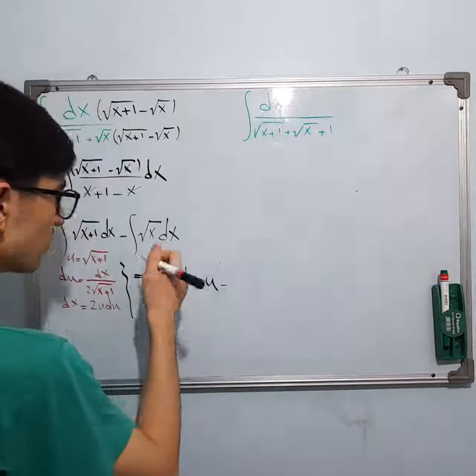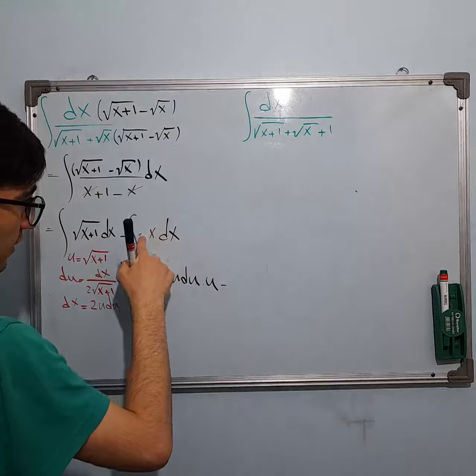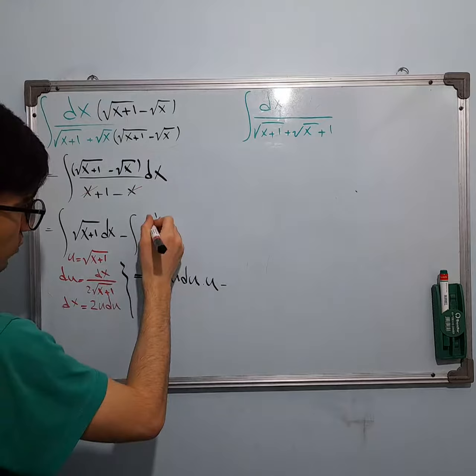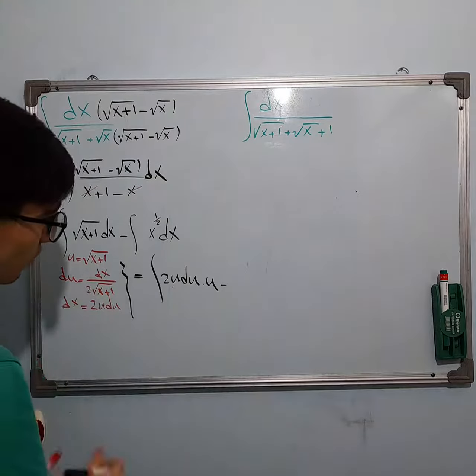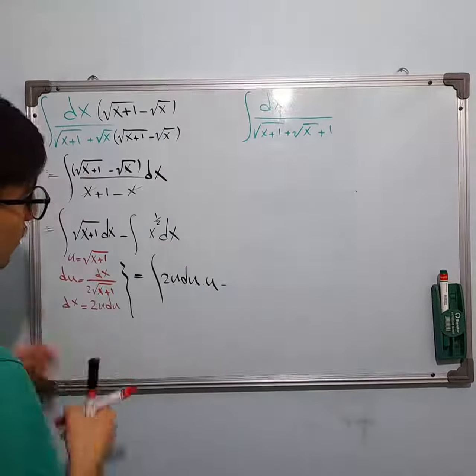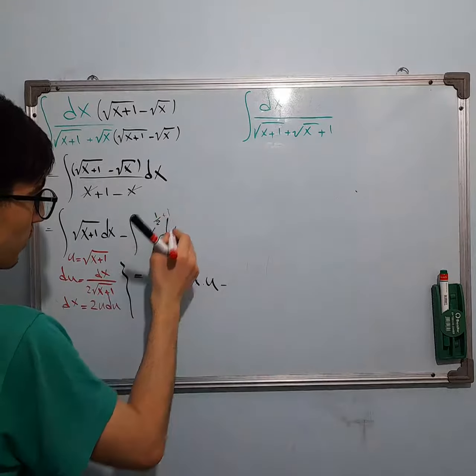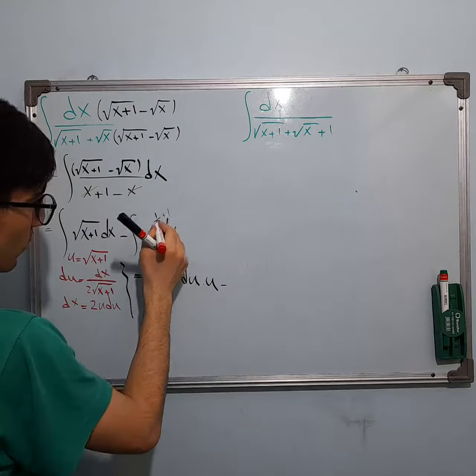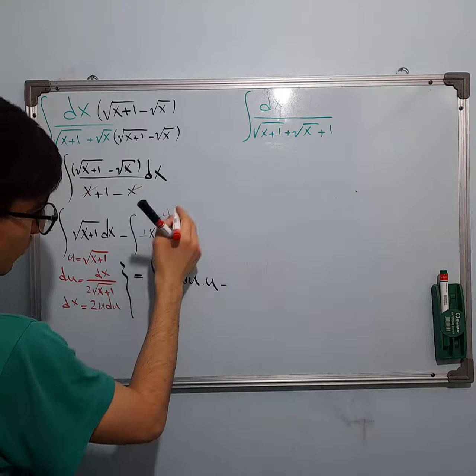Minus, and you know that if I write square root of x as x to the 1/2 power, the integral of this guy gives plus 1, so 3 over 2.